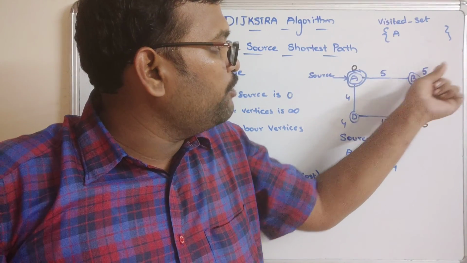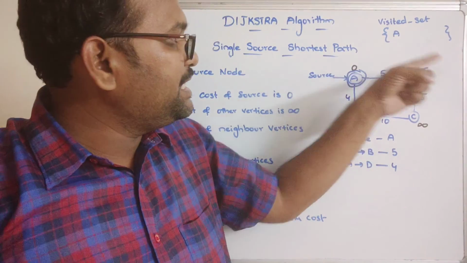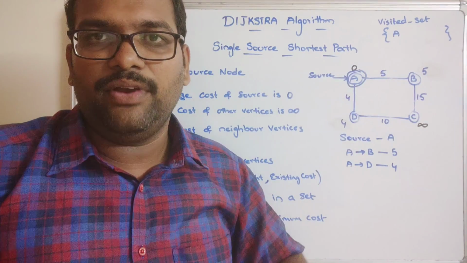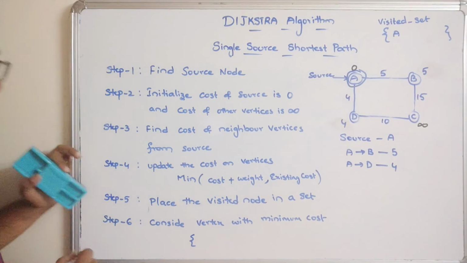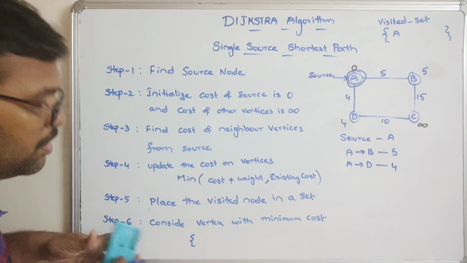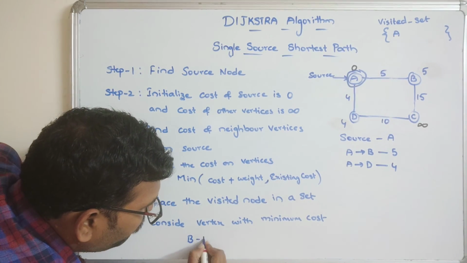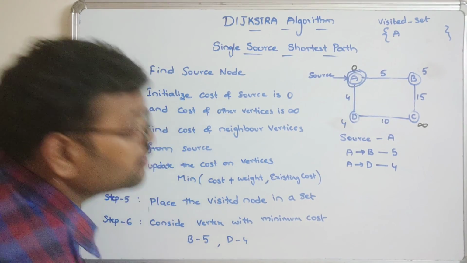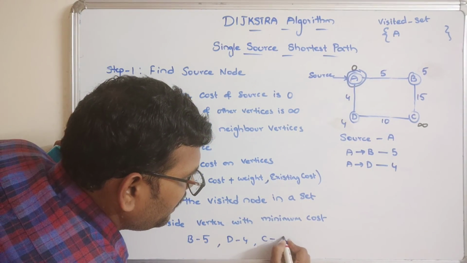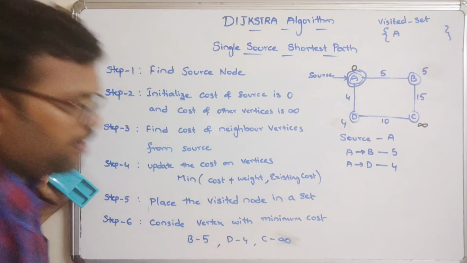Consider the cost of B, which is 5, C infinity, D 4. These three are unvisited vertices.